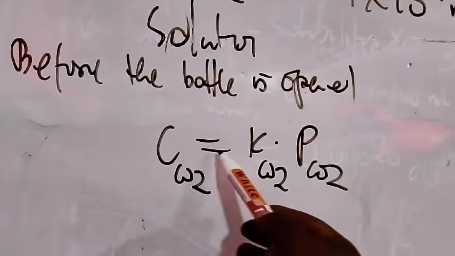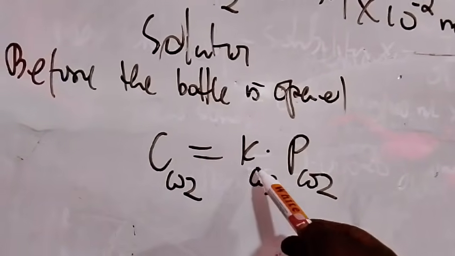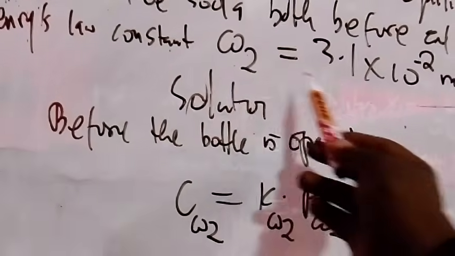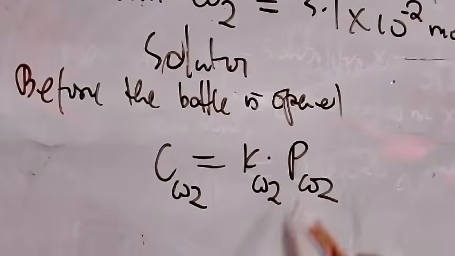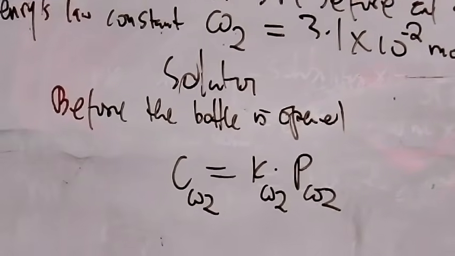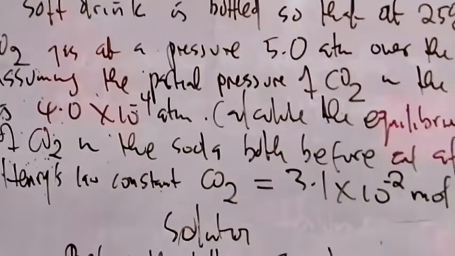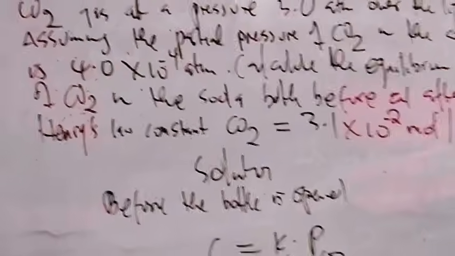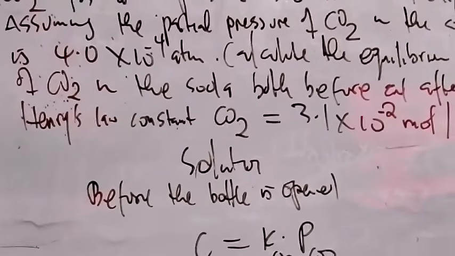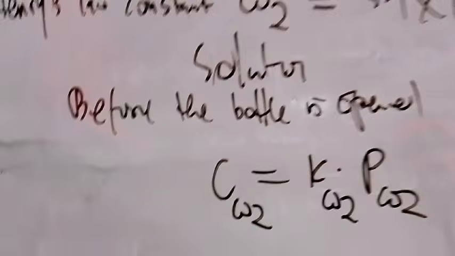Concentration of carbon dioxide is equal to K of carbon dioxide, Henry's law constant, times the partial pressure of carbon dioxide. So before it is opened, it means before it has been exposed to the atmosphere. Okay, so we are calculating the concentration of carbon dioxide in the bottle before it is opened.